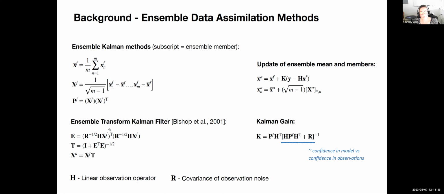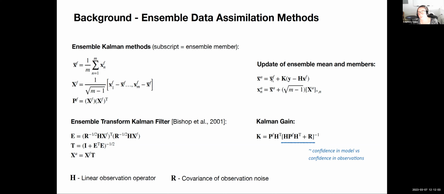There have also been other methods introduced from the early 2000s onward, which I think are the state of the art, at least here at the BOM, which are the ensemble transform Kalman filters, which help to get a bit more accurate analysis steps and forecast covariances. The general idea is over here on the right.